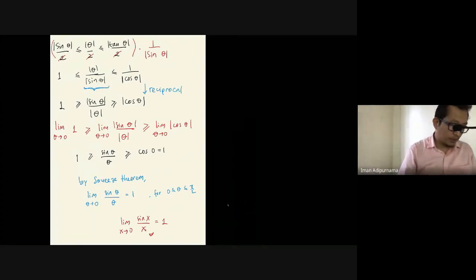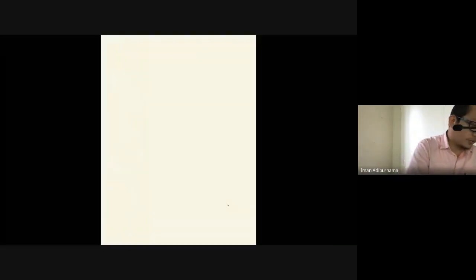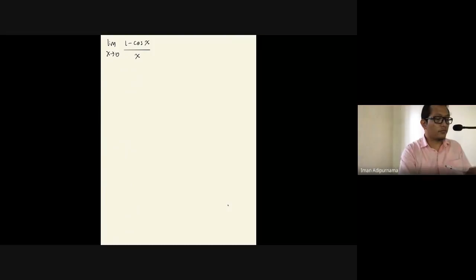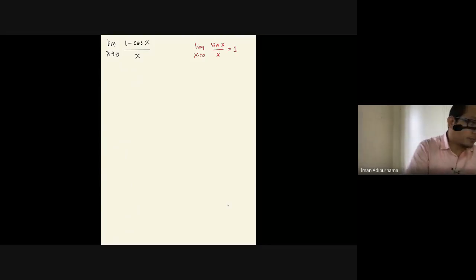Okay. So from here we can also solve a limit as x approaches 0. Because we know that the limit as x approaches 0 of sin x over x equals 1, we can now approach this and try to solve it.